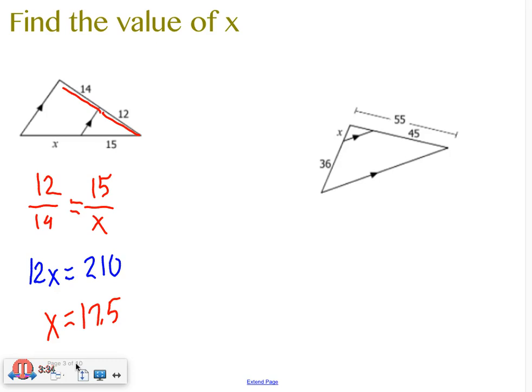Okay, on the second one, can I find this missing piece right here? What is it? 10. All right, who wants to give me the proportion? 10 over 45 equals x over 36. That's a good proportion.